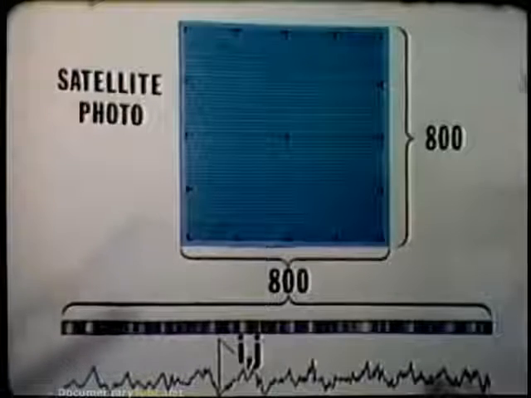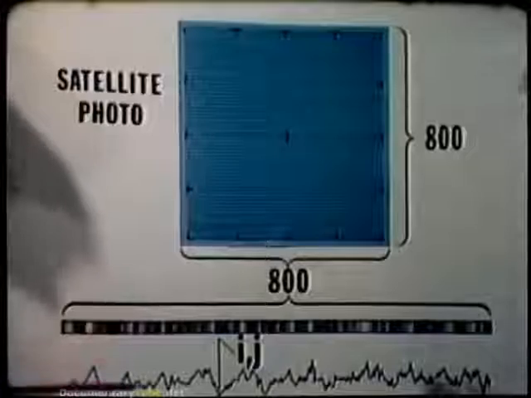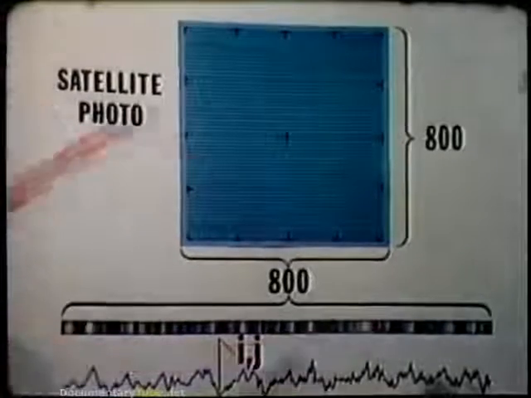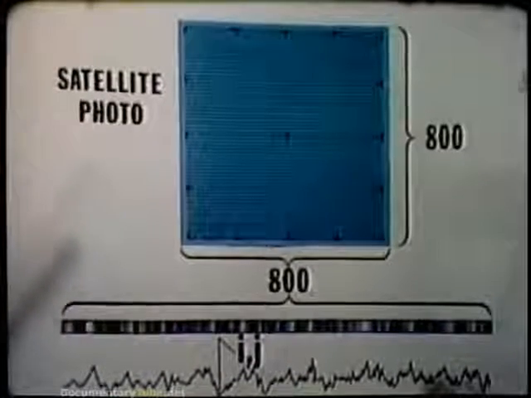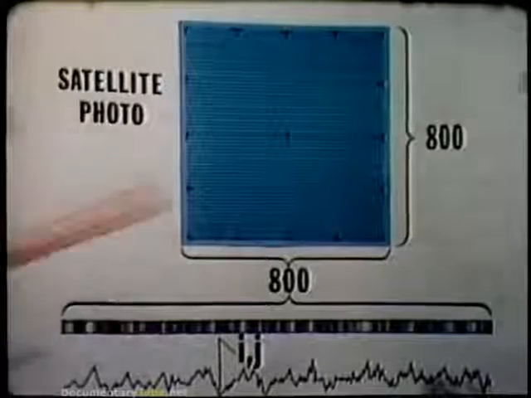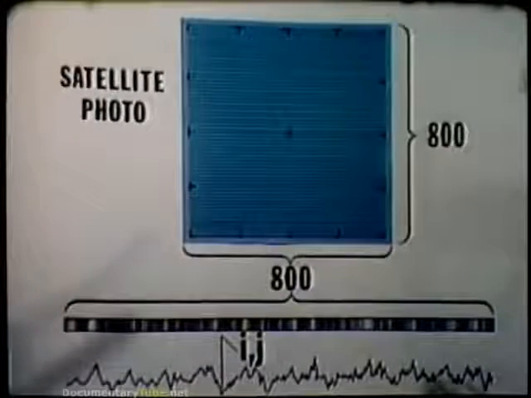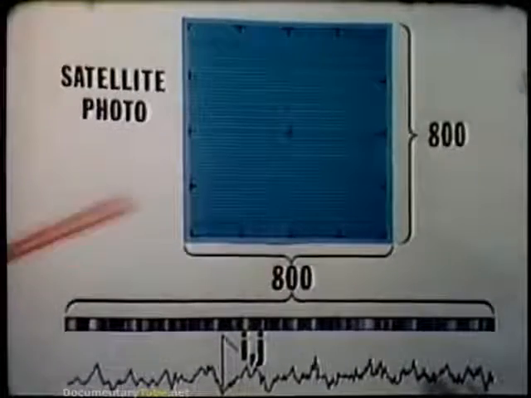Since each scan line in an AVCS picture is an electronic signal, it can be broken down by a computer into approximately 800 bits of information. In meteorological slang, we call these brightness bits.